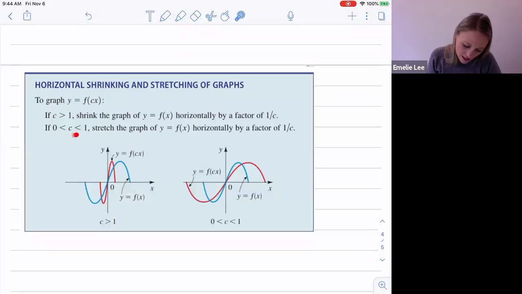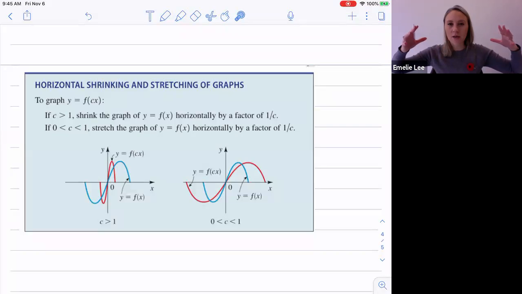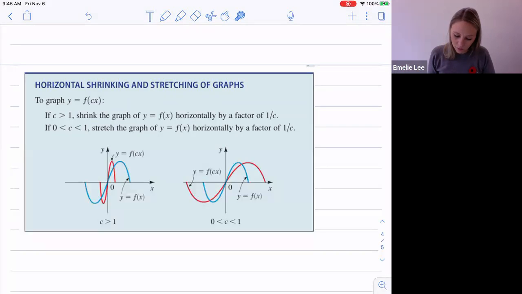Whereas if c is between 0 and 1, then it stretches the graph horizontally by a factor of 1/c. So let's say c is 1/2, 1 over 1/2 is 2, so it stretches it out.